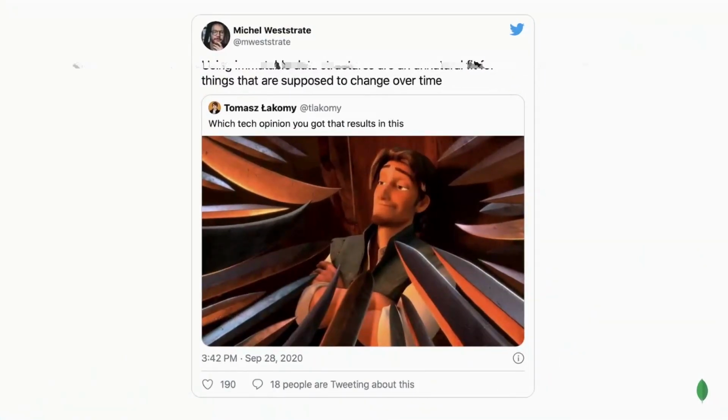So this is a fun Twitter post that I came across from a guy called Michael Westrate, who, funnily enough, is one of the guys who created a library called MobX, which is an alternative to Redux and this kind of programming in JavaScript.